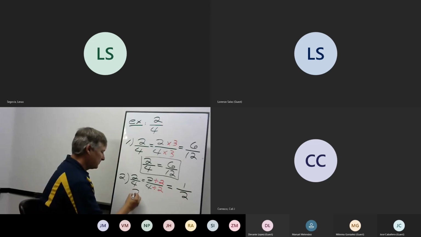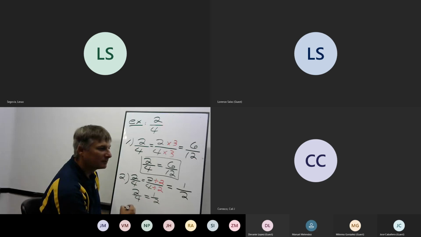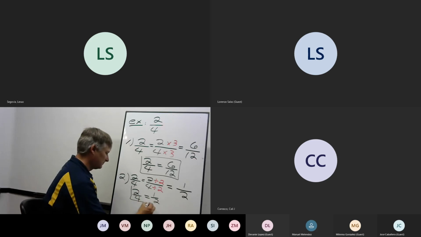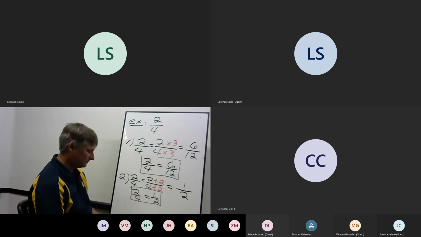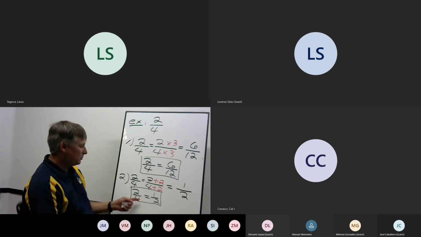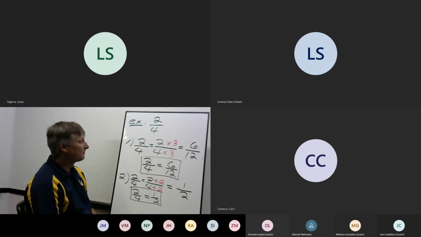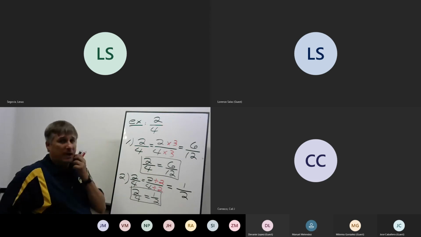So that means 2/4 equals 1/2. So 1/2 is equivalent to 2/4. 6/12 is equivalent to 2/4. So those are equivalent fractions.